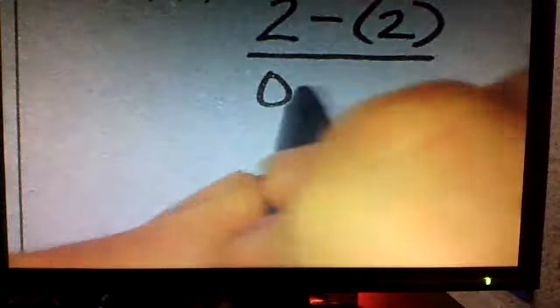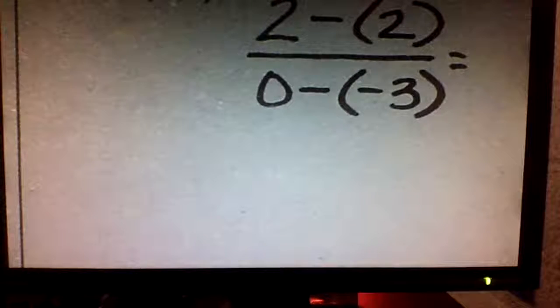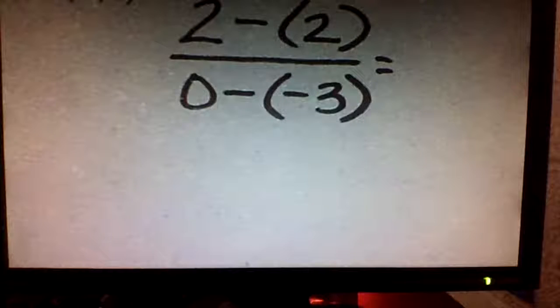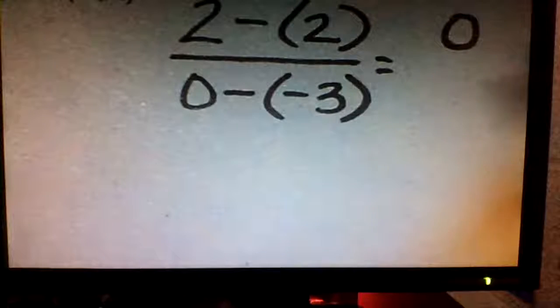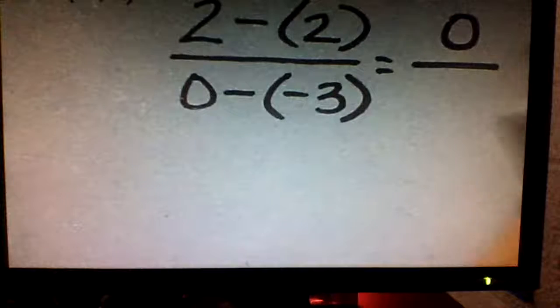So 2 subtract 2 divided by, what are you putting in the bottom? 0 subtract -3. Well, what do I get when I take 2 minus 2? 0. The bottom, 0 minus a -3. Plus 3.